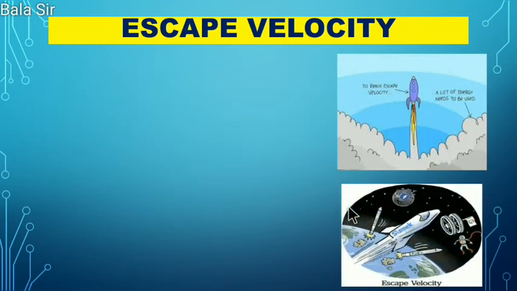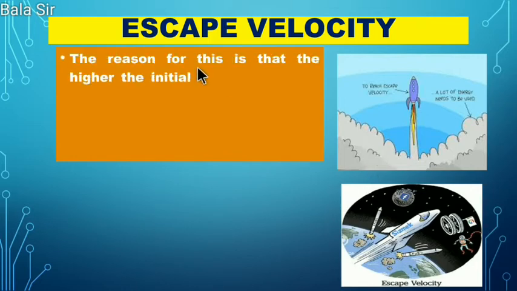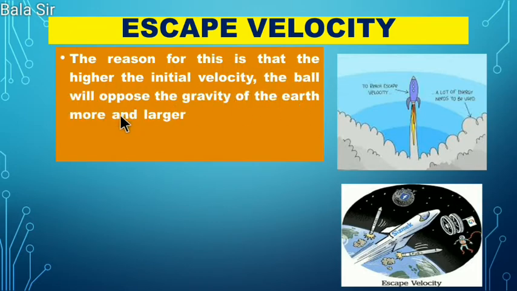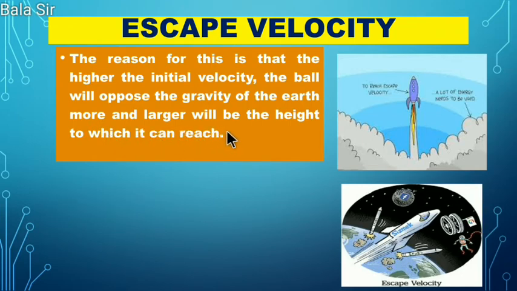Let me tell you in detail about the escape velocity. Now, what exactly is it? The reason for this is that the higher the initial velocity, the more the ball will oppose the gravity of the earth, and larger will be the height to which it can reach. So when the rocket goes up, the initial velocity is more.